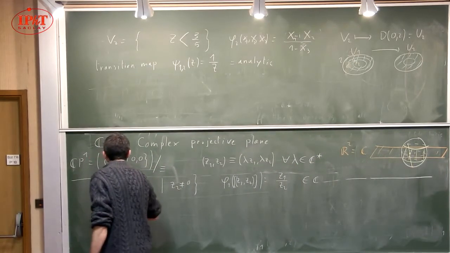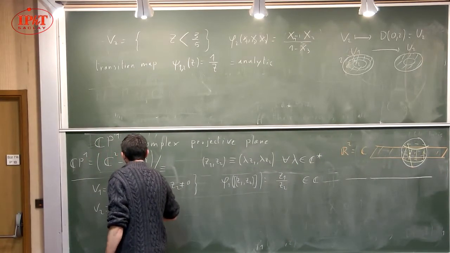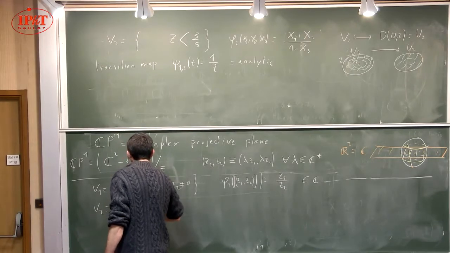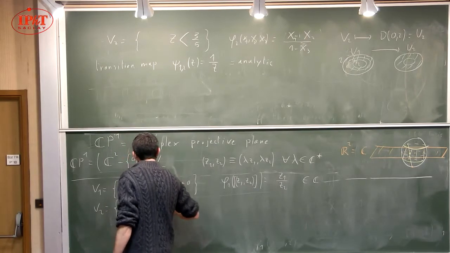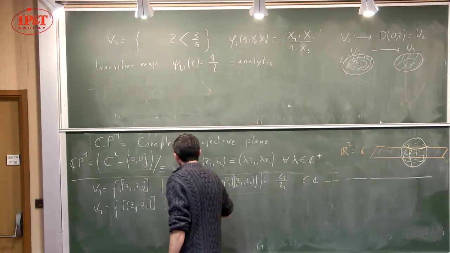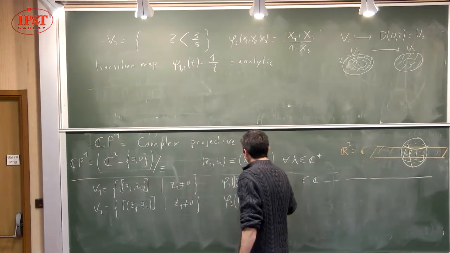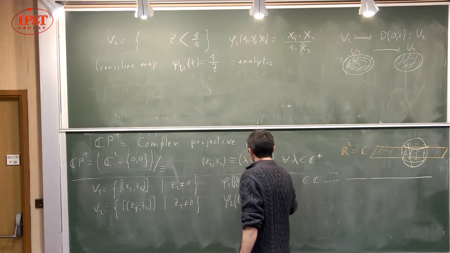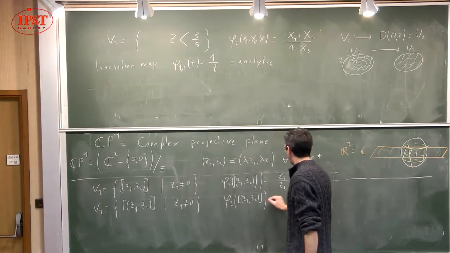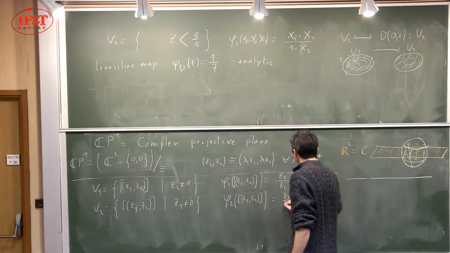V2, same way. So it's the set of equivalence classes Z1, Z2 such that now Z1 is different from 0, and phi2 of Z1, Z2 is Z2 over Z1.